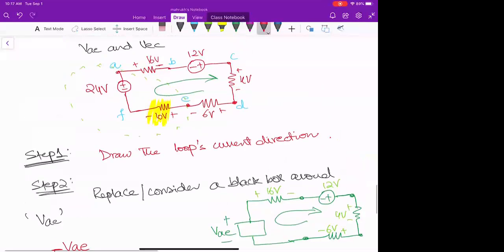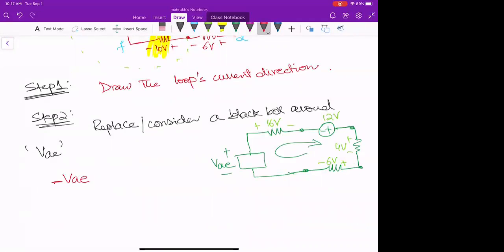So I just put plus and minus according to the signs I have, okay? If I put plus and minus like this, by the convention sign of plus and minus, then let's see what it will do.